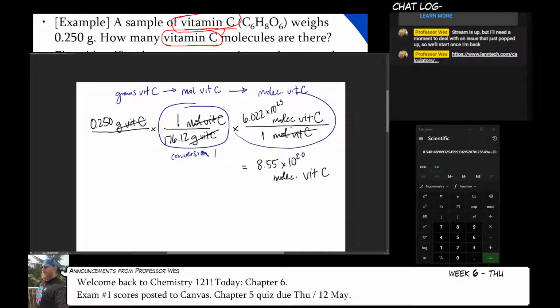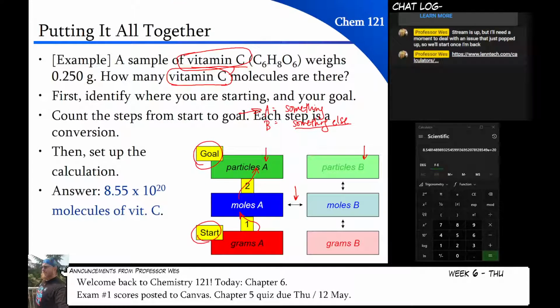And then this was conversion 2. So each of the steps on this chart here is going to be a conversion. So you'll never need to take more than 3 steps, which means you'll never need more than 3 conversions.